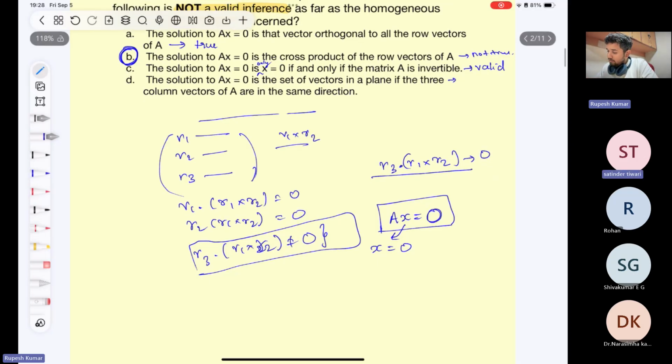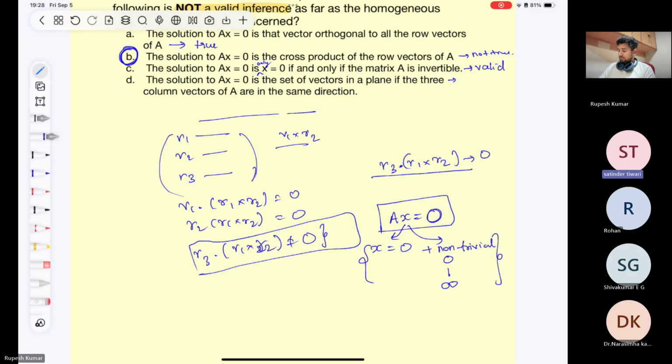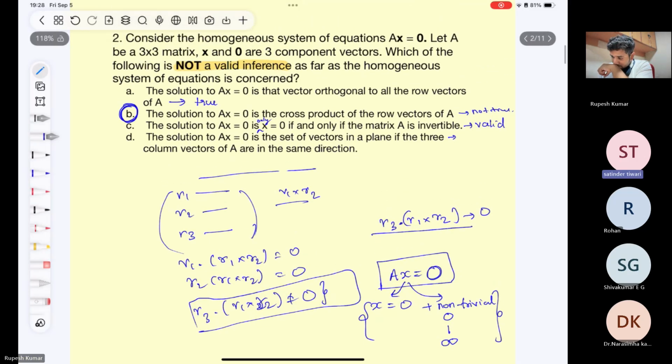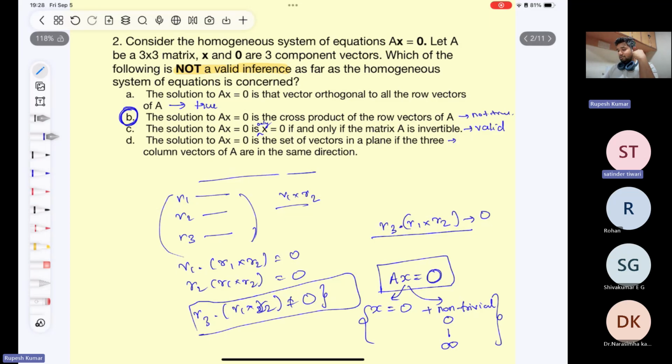Yes. And then plus other non-trivial solutions, which can be either zero, one, or infinite. So in this option we have to add "only". Otherwise, if "only" is not written, it will be invalid.